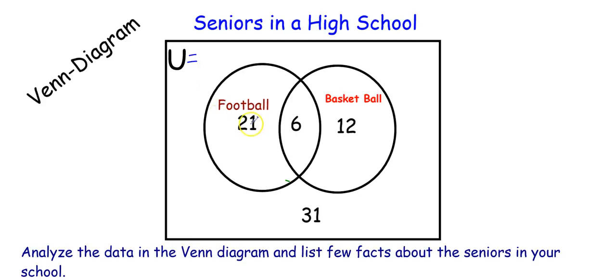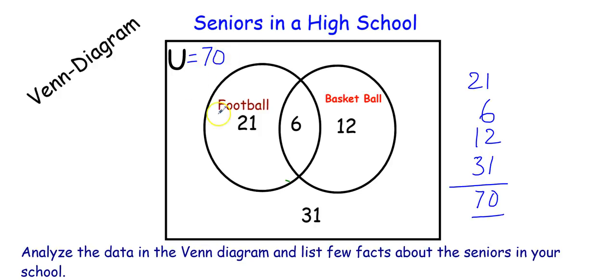If I want to find how many members are there in this set, I have to add 21 with the 6 and then 12 and 31. 21 plus 6 plus 12 plus 31 gives me 27 plus 12, that is 39, plus 31, which is equal to 70. So in that high school, there are 70 seniors. Out of those 70 seniors, this is the breakdown we have.